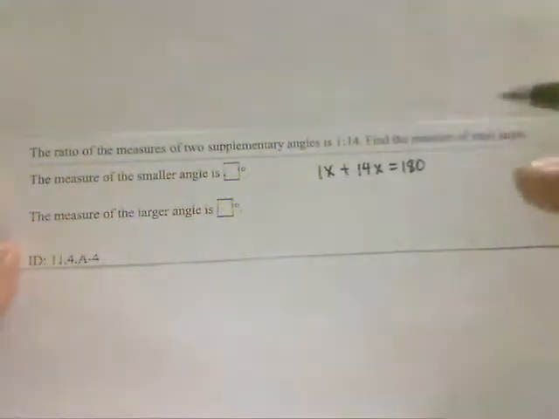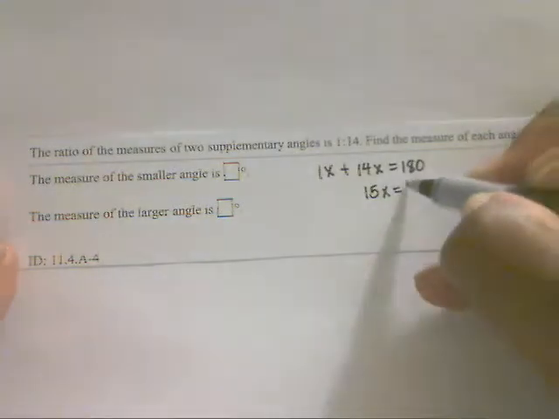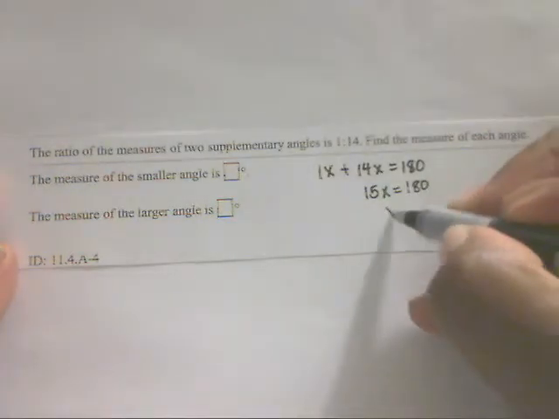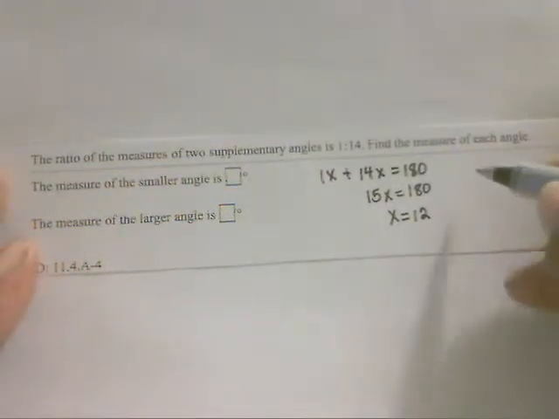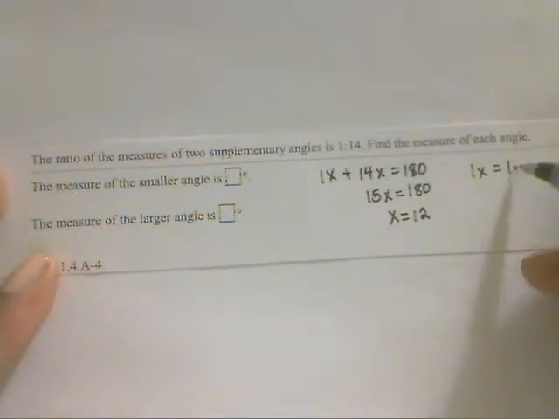And then if you add 1x and 14x, you're going to get 15x is equal to 180. And then divide by 15, you're going to get x is equal to 12. Okay? Now, I'm letting 1x be the first angle measure. So 1 times 12 would give you 12.